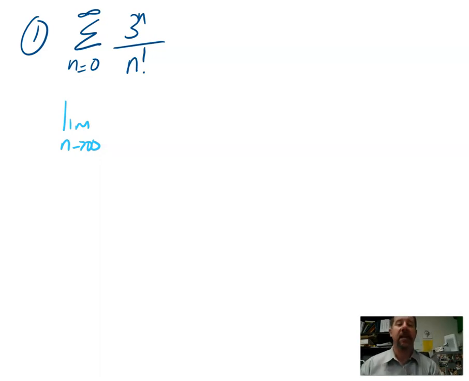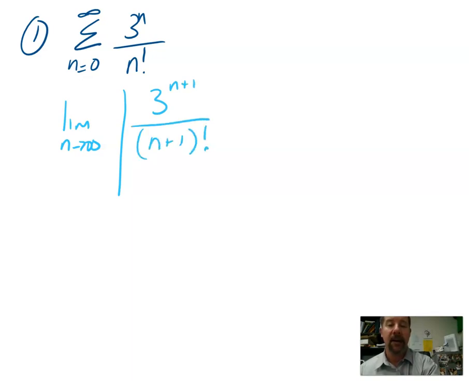So we said this is going to be the limit as n approaches infinity of the ratio of our next term, n plus 1. So I'm going to write this 3 to the n plus 1 over n plus 1 factorial. Okay, so that would be the next term of the series, all over the previous term, or the a sub n, which is 3 to the n over n factorial.